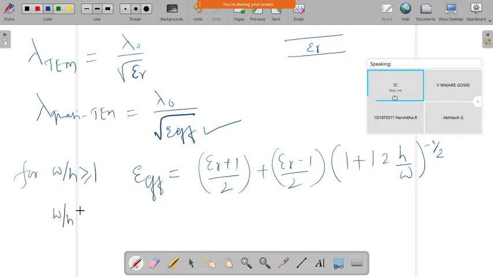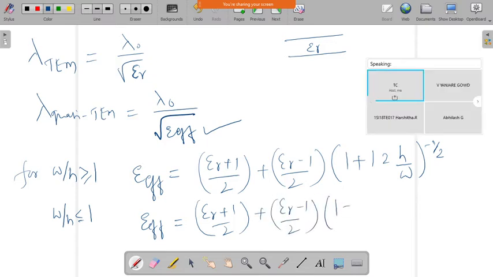Now if it is less than or equal to 1, then we can use this effective dielectric constant, which is given by epsilon r plus 1 by 2 plus epsilon r minus 1 by 2 into 1 plus 12 h by w to the power minus 1 by 2, plus 0.04 into 1 minus w by h whole square.